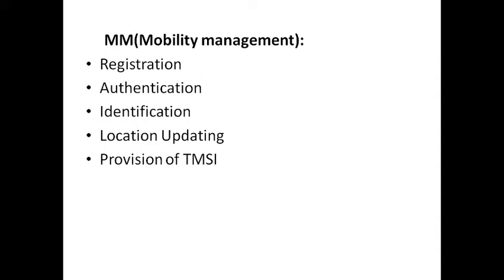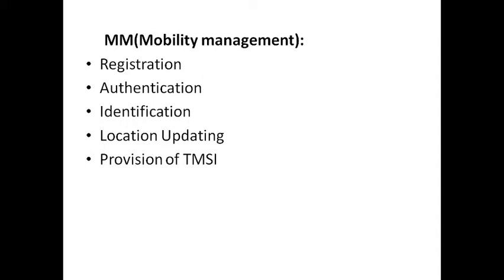The second one is authentication. Soon after registration, it provides authentication to your mobile station. All types of security are given by GSM to all the mobile stations using GSM. So all GSM subscribers, all GSM customers, get proper authentication from mobility management.